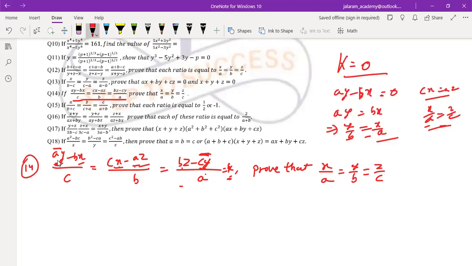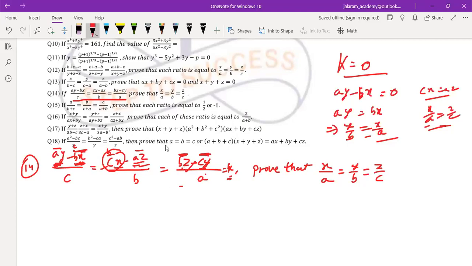At the same time, as we have multiplied the first ratio with c, this becomes minus bcx, and it becomes plus abz. Now by which term will we multiply the second ratio? In the second term of the first ratio, when we have multiplied by c, we obtained bcx, and if we multiply the second ratio by b, it also becomes bcx, and when we add them, it becomes 0, and abz will also be cancelled out.